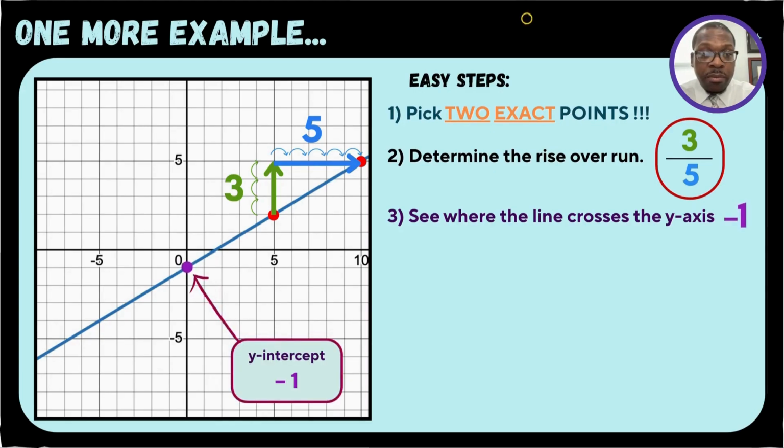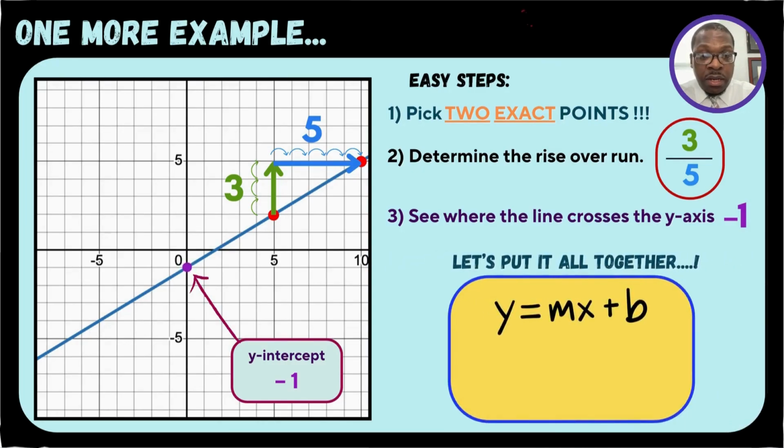So our y-intercept is -1. Now, again, let's put it all together. Our equation is y equals mx plus b, where m is the slope and b is the y-intercept. So our slope is 3/5 x, and our y-intercept, as we stated earlier, is -1.